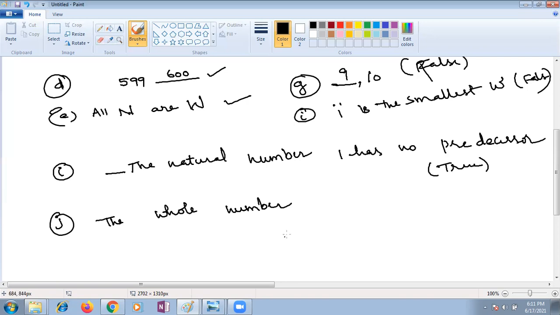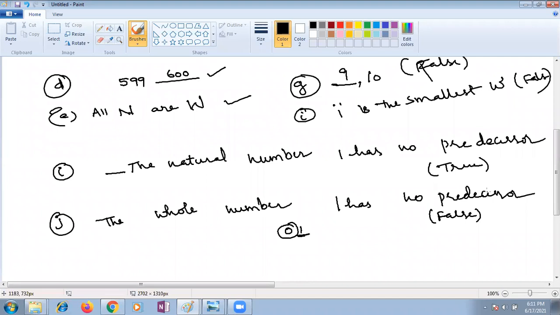The whole number 1 has no predecessor. Ma'am, whole number 1 has 0 as predecessor. Yes, whole numbers start with 0. So 1 has predecessor 0. So it is false.